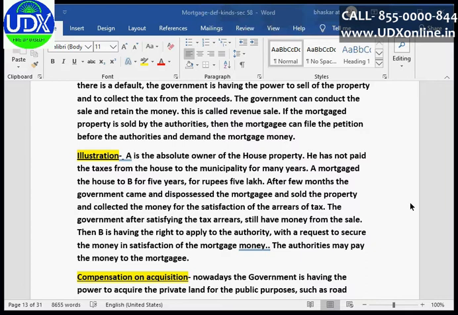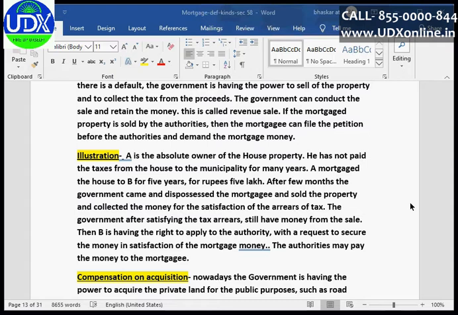So he was a very happy man, a stingy man. He wanted to save everything. So he has not paid the tax for many years. So this fellow, Mr. A, received notices from the municipality. He never answered. He kept all in his home without informing others.